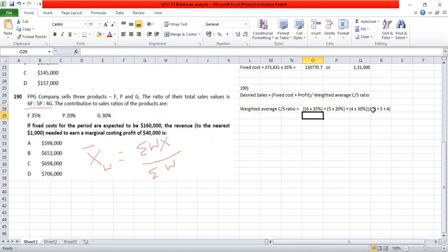Find out what is that. Tell me what is the value. Ma'am, 0.29. 0.29.